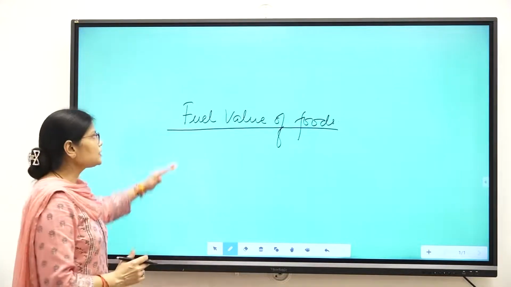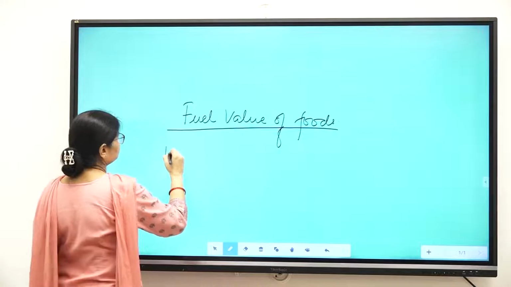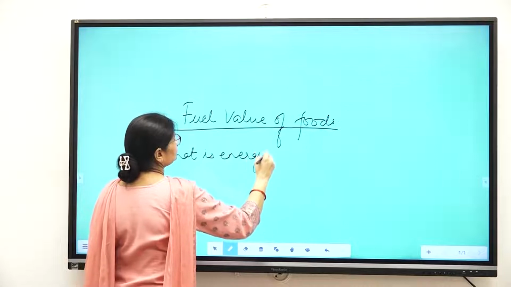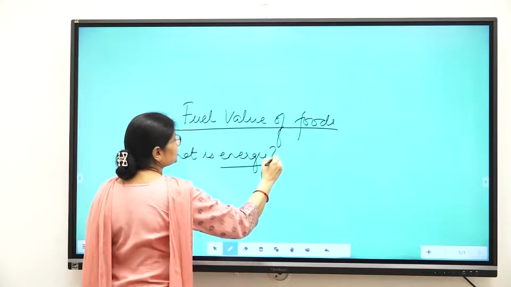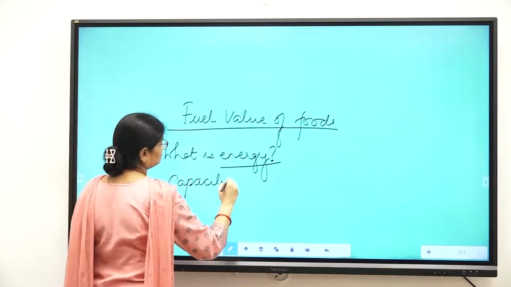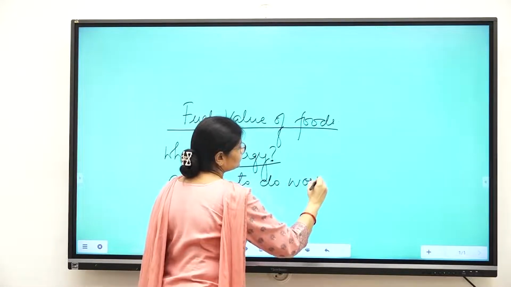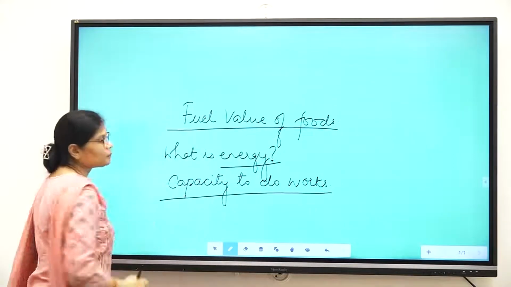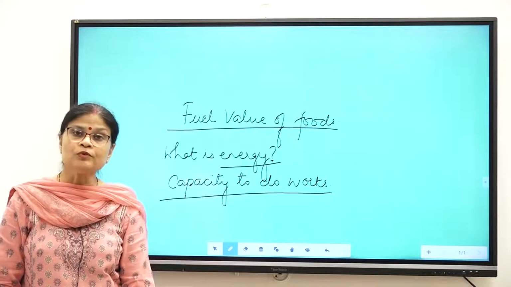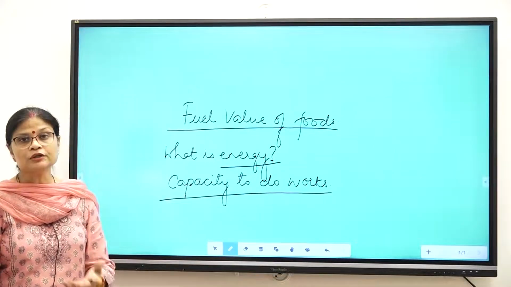To understand the fuel value of foods, we need to first understand what is energy. We can define energy as capacity to do work. That means we need energy to perform all kinds of activities, whether voluntary or involuntary.